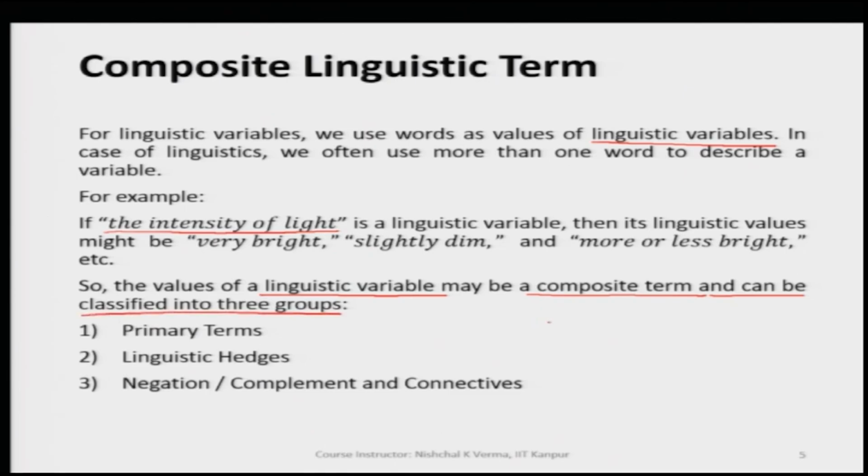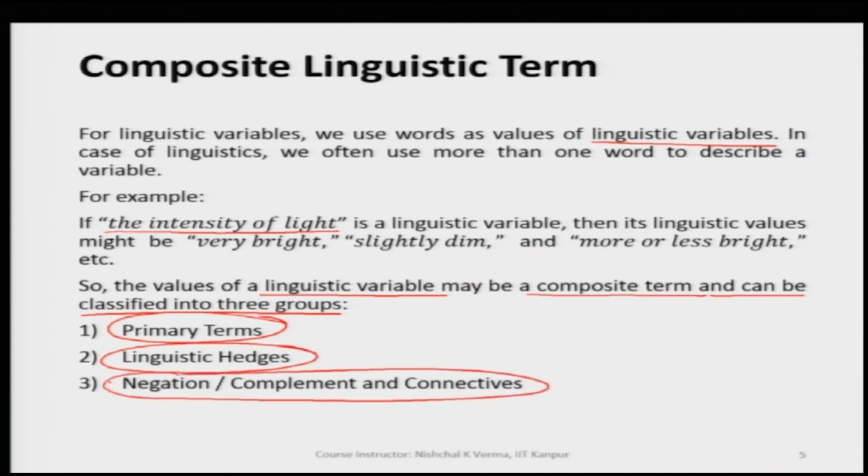So, as a whole, a linguistic variable can have primary terms and then linguistic hedges, and then we have the negation and complement and connectives. For example, if we take intensity of light, what are the primary terms for the intensity of light? Primary terms could be, as I already mentioned, low intensity, medium intensity, or maybe high intensity.